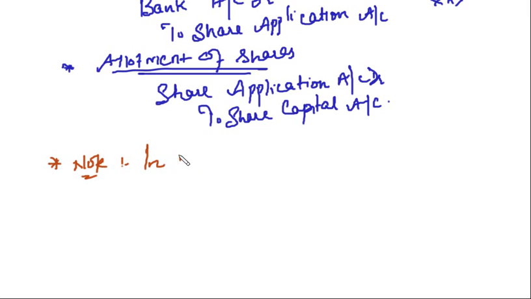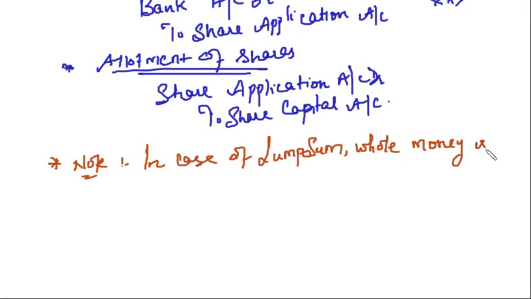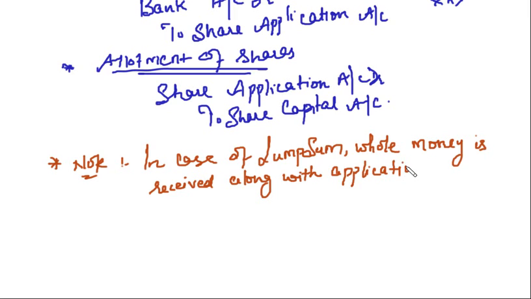In case of lump sum, whole money is received along with application. Clear? So in case of lump sum, whole money is received along with the application.